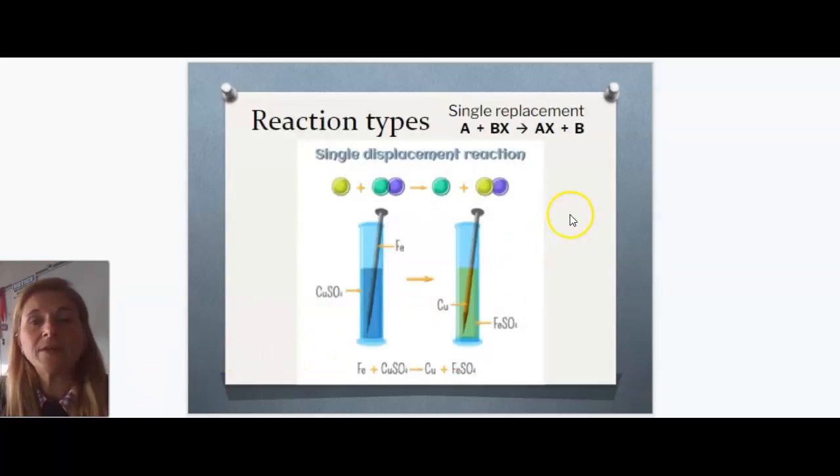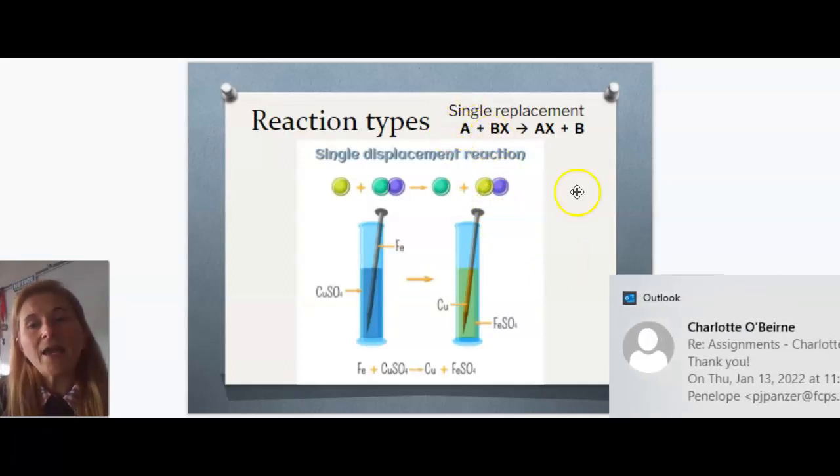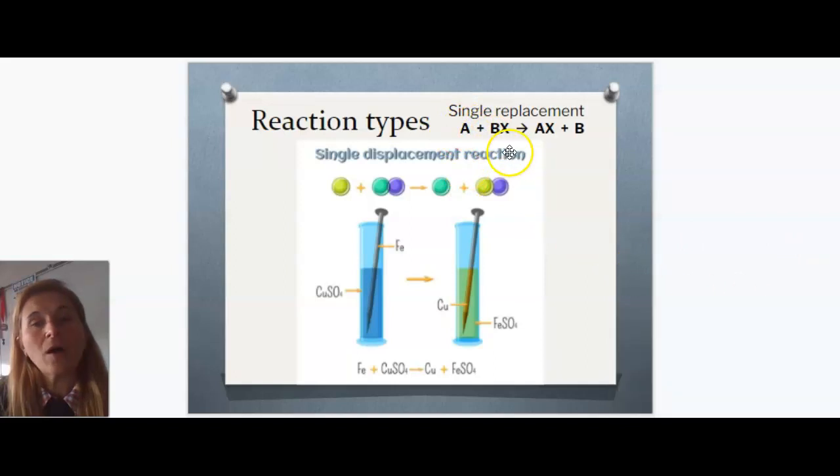Our next reaction type is called a single replacement. And this is where we have a single element on its own, represented here by an A, and it comes in contact with a molecule represented here by B and X. So B would represent the cation and X would represent the anion.